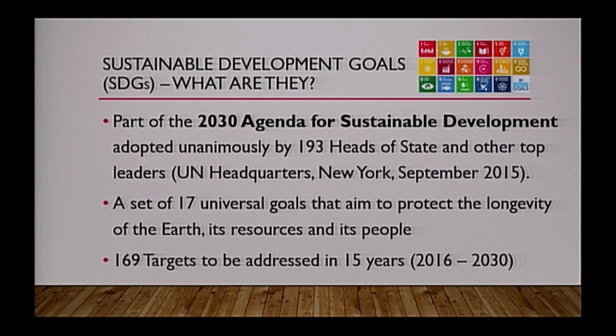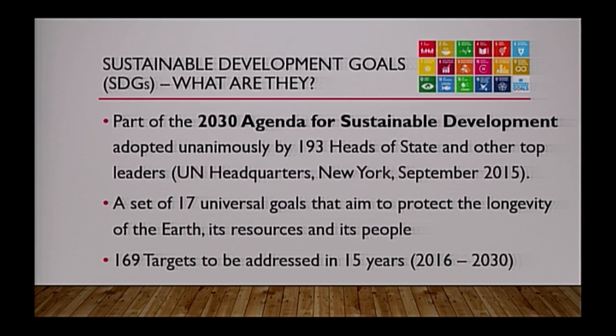So the UN SDGs are actually part of the 2030 Agenda for Sustainable Development, which was adopted unanimously by the 193 heads of state and other leaders back in 2015 in New York. And it set the 17 what they call universal goals that aim to protect the longevity of the earth, its resources, and its people.